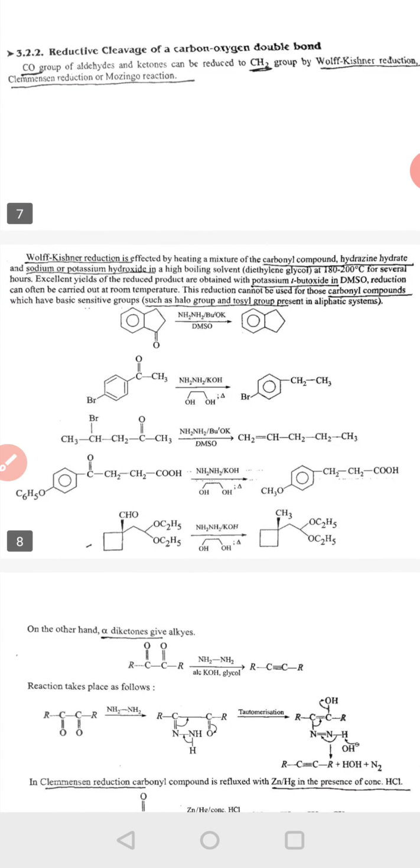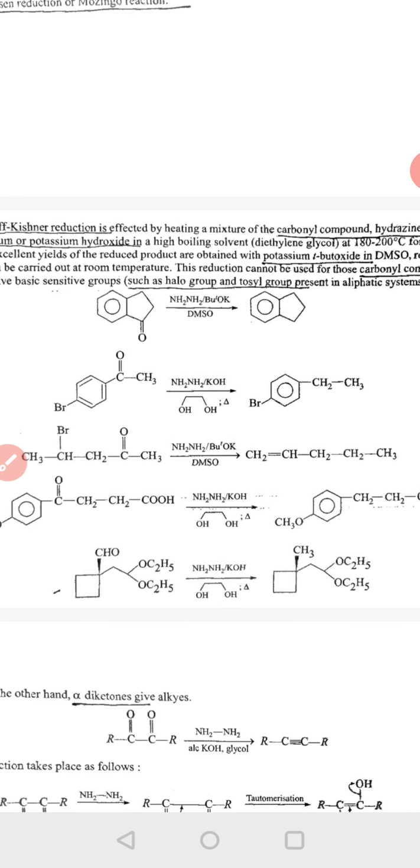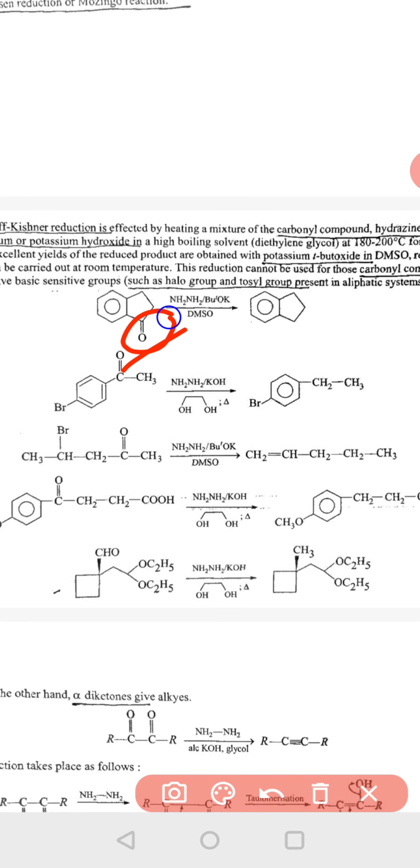Let's look at the examples of Wolff-Kishner reduction. This is a compound which has a C=O group and it is converted to CH2 group. This is reductive cleavage of carbon-oxygen double bond. Oxygen is removed in this reaction and we are using hydrazine, potassium tertiary butoxide in DMSO.